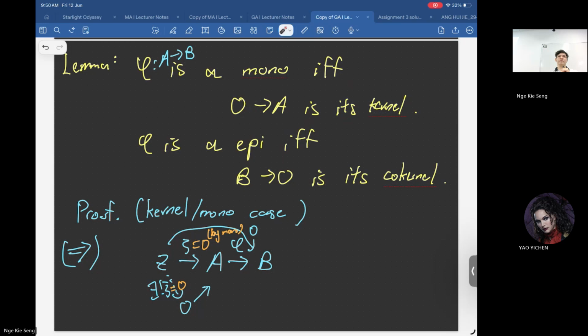I think you cannot put a non-zero map here, because your map is already 0 and sends everything to 0. So it can only factor through 0, and that is the one way to do it, so it is unique.